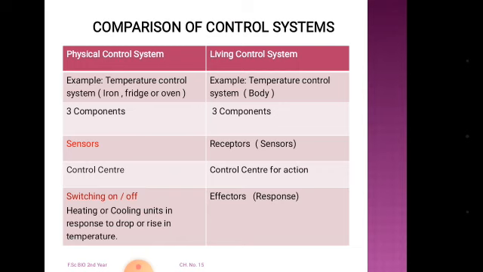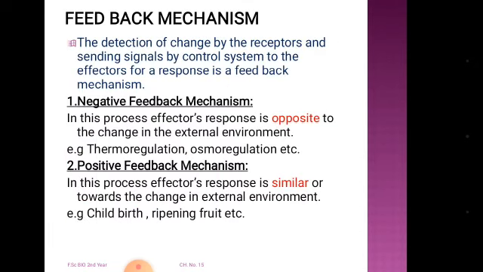These things represent that the body will also maintain the homeostatic condition. If any harmful fluctuation takes place outside the body, it will be received by the sensors or receptors and sent to the control center, where it performs a specific function and sends the messages for response. There is a feedback mechanism: the detection of change by the receptors and sending signals by the control system to the effectors for response is a feedback mechanism.